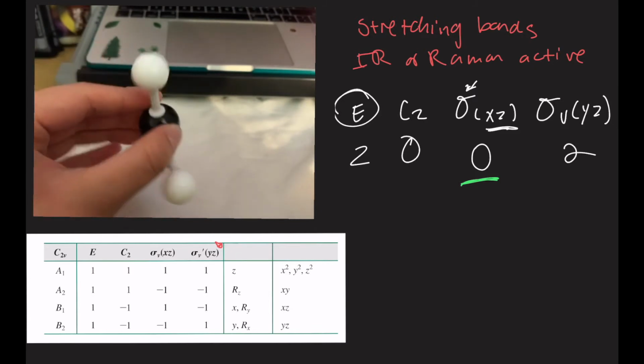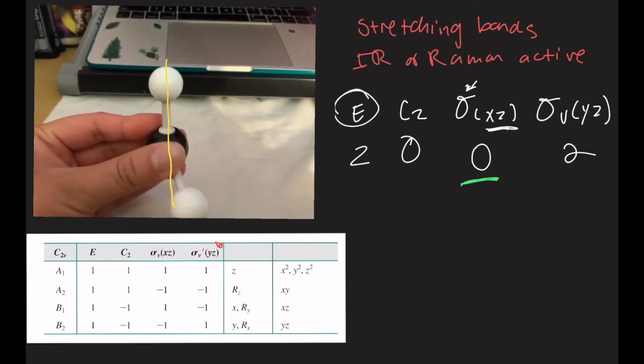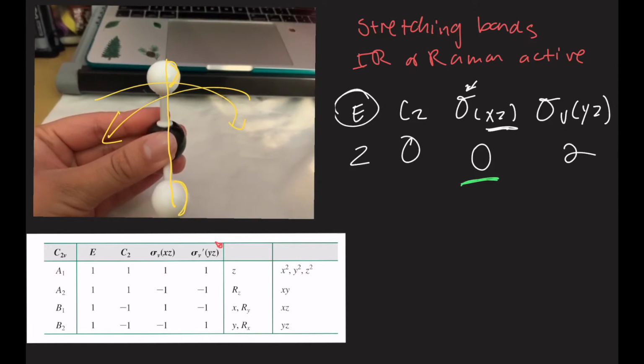If you see the molecule like this, you are not reflecting anything to the other side of the mirror. The mirror just sees this image, so it doesn't move.